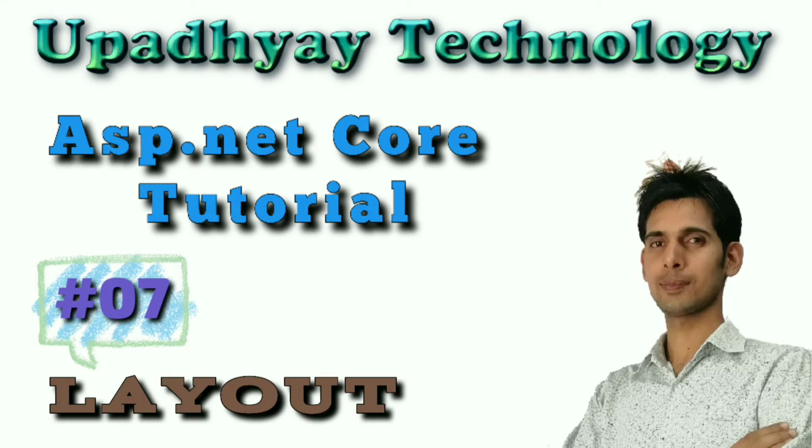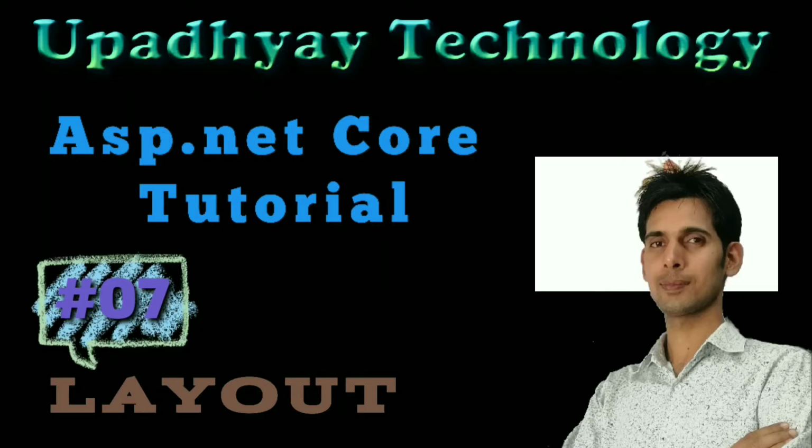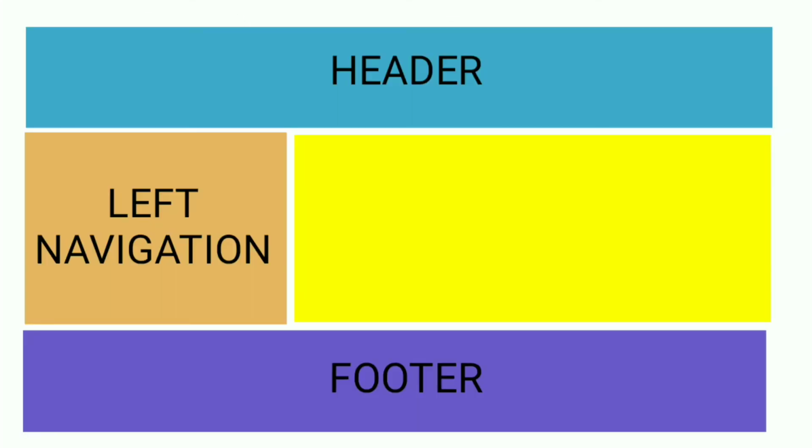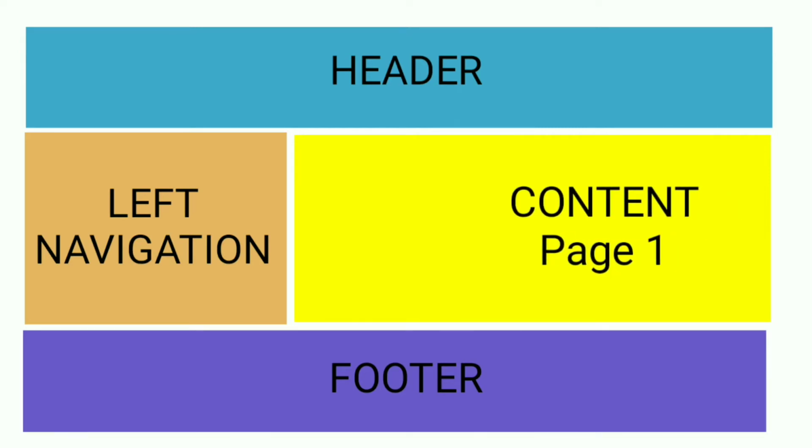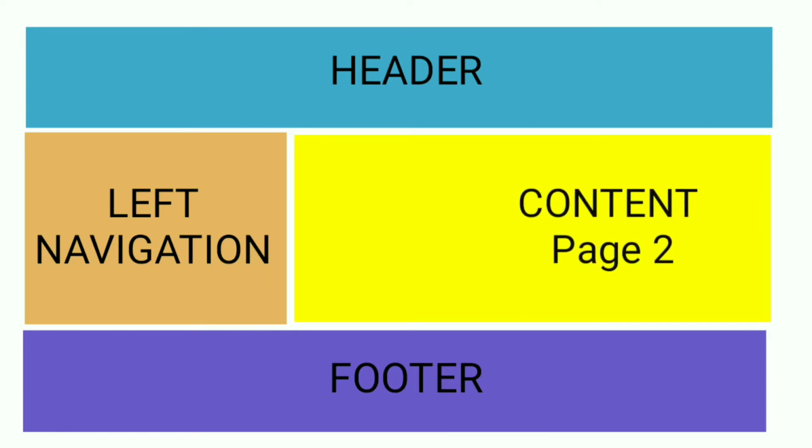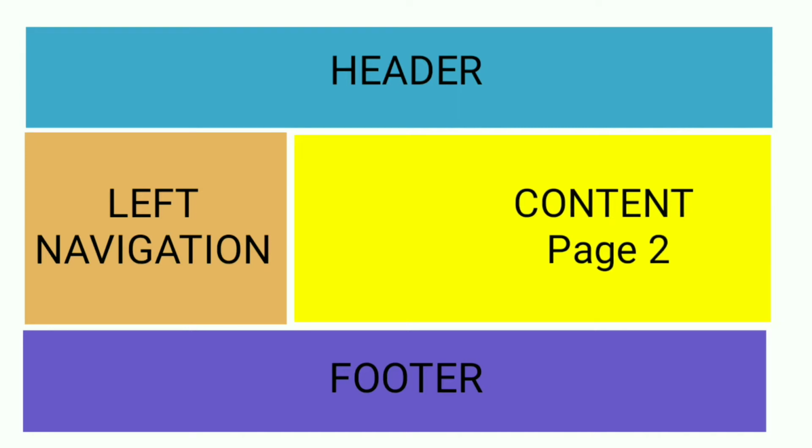Now moving on. In this lecture, we will learn what is layout and how to create and manage layout in ASP.NET Core. Web applications have a common layout that provides the user with a consistent experience as they navigate from one page to another page. These include application header, navigation bar, and footer.